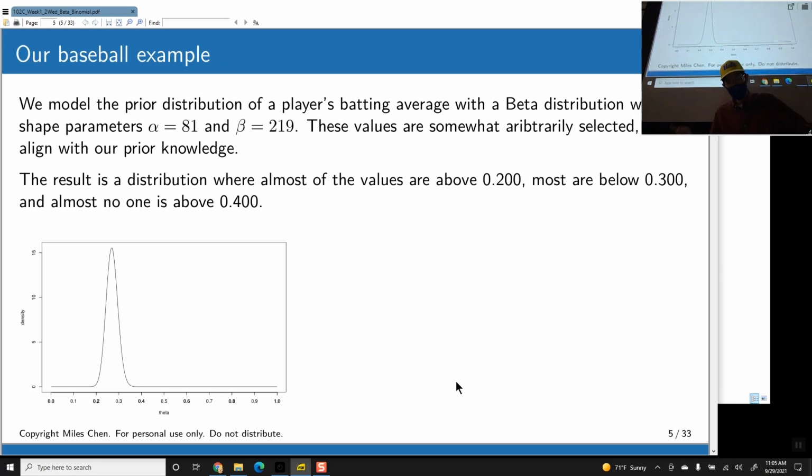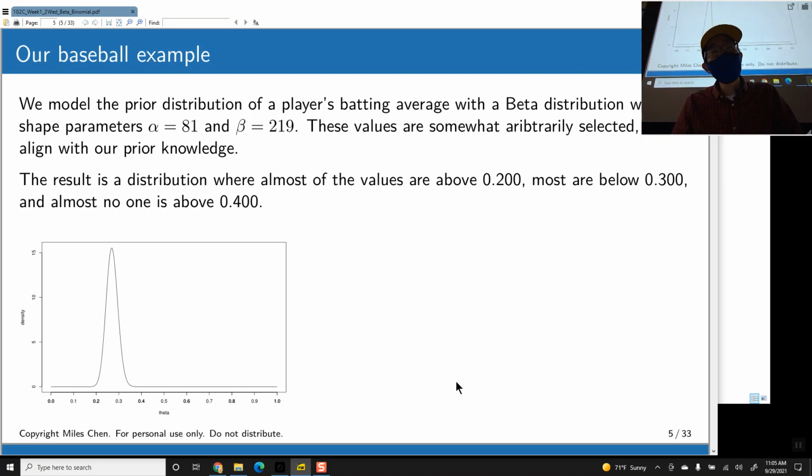All right, so let's revisit this baseball example and work through this. To represent our prior knowledge about baseball, we're choosing a beta distribution with these shape parameters. Different people might have different opinions about what distribution we should use for the prior.